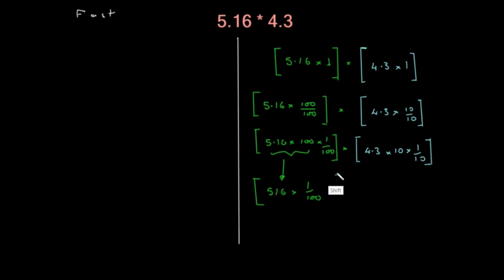Nearly forgot. Times, open bracket, 4.3 times 10 is 43. Okay. Now the actual inherent values have still not changed. That value is the same as that, and that value is the same as that.